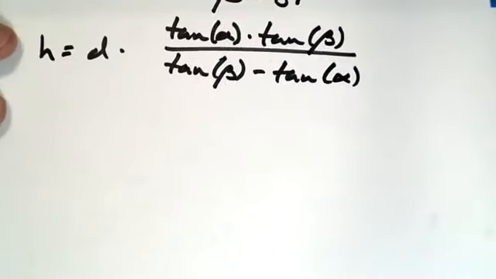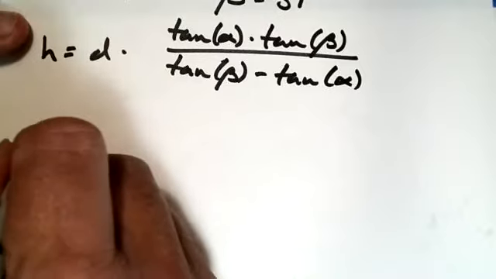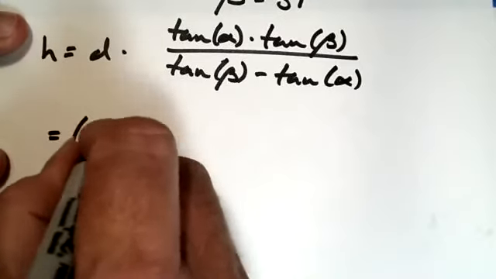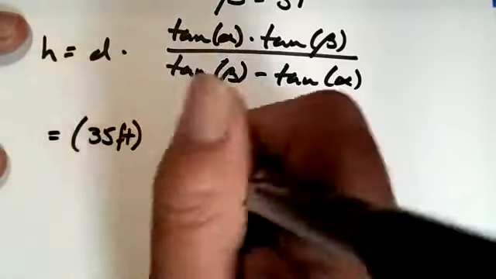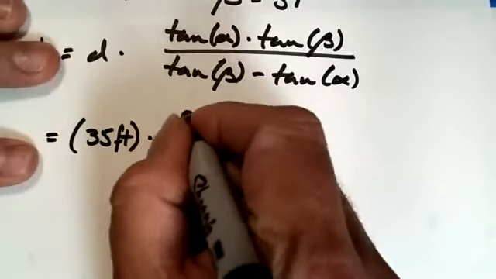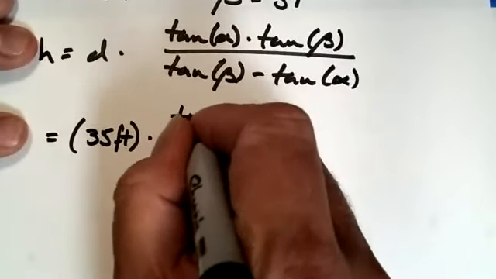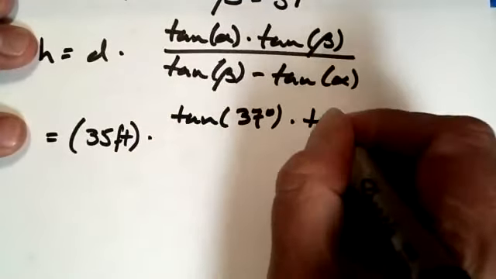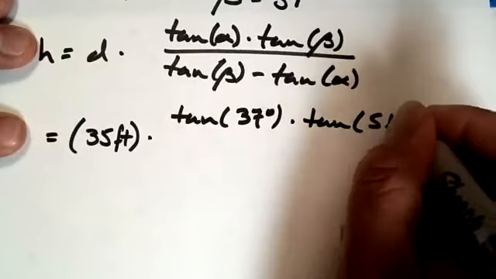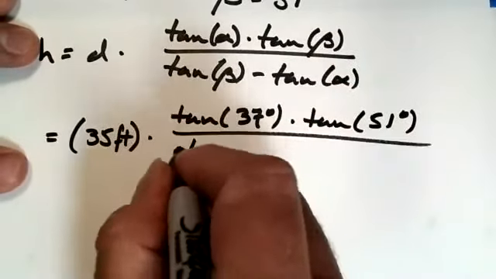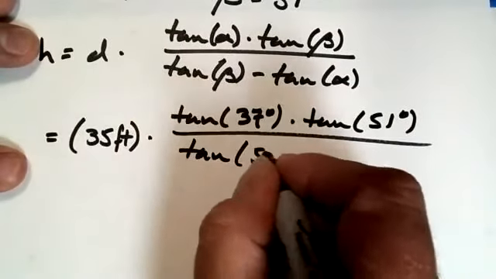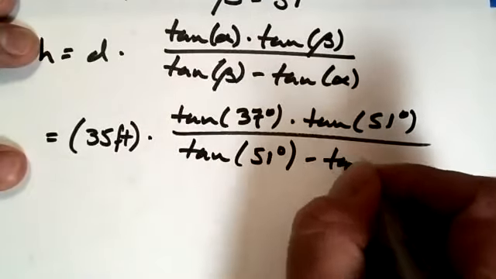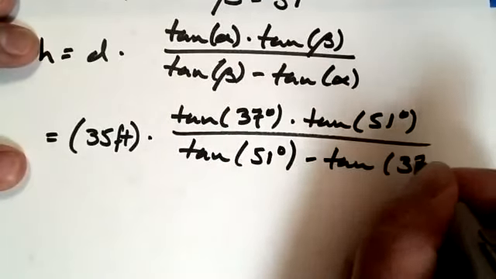So substituting the values, it's going to be 35 feet times, in the numerator, the tangent of 37 degrees, tangent of 51 degrees, the product of those two, and then the difference, tangent of 51 degrees minus tangent of 37 degrees.